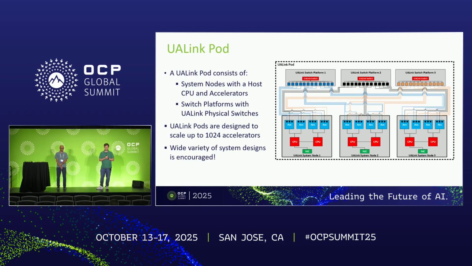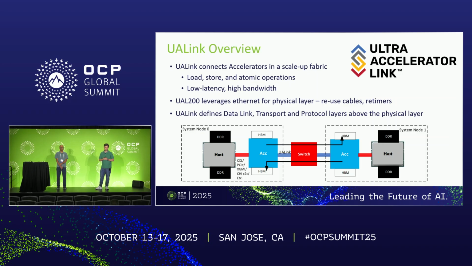UALink is currently restricted to 1024 accelerators. We think that's a pretty healthy number for scale up at this point in the industry. But 1024 is simply a maximum. We encourage a wide variety of system designs for all sorts of applications.